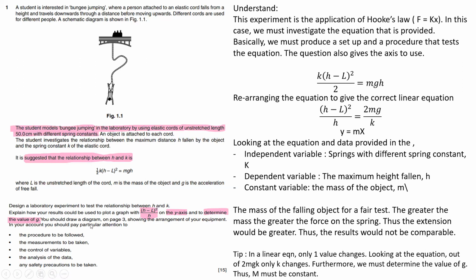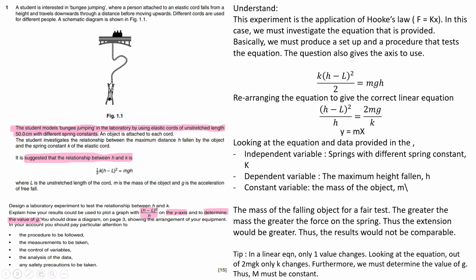You should draw a diagram on page 3, and so on. I didn't include this in the previous video, but this is the same for all paper 5s. They will have procedure to be followed, measurements to be taken. These are general bullet points. You could read them, but it's not really important.